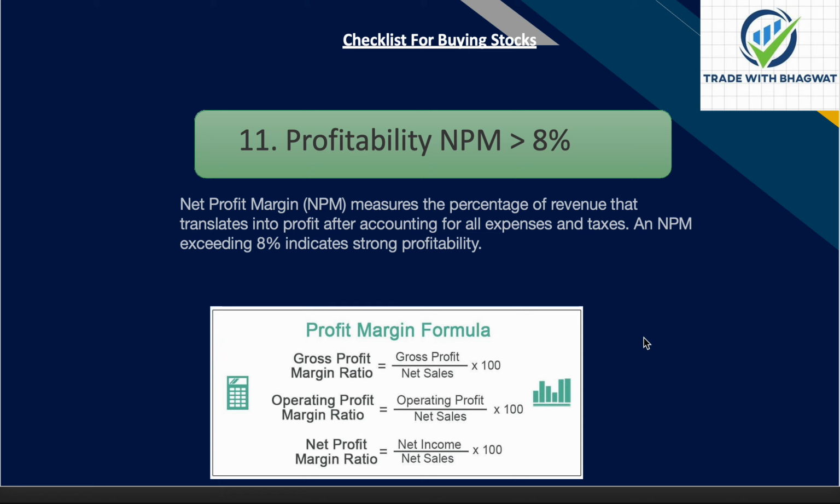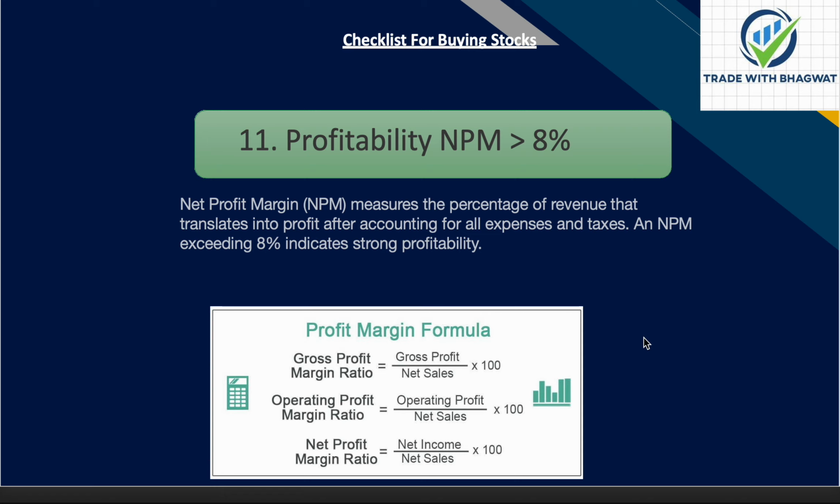And I have mentioned the three different formulas here because many people might misinterpret the different types of profit margins. So that's the reason I purposely used this specific formula sheet: gross profit margin is different, operating profit margin is different, and net profit margin is different.